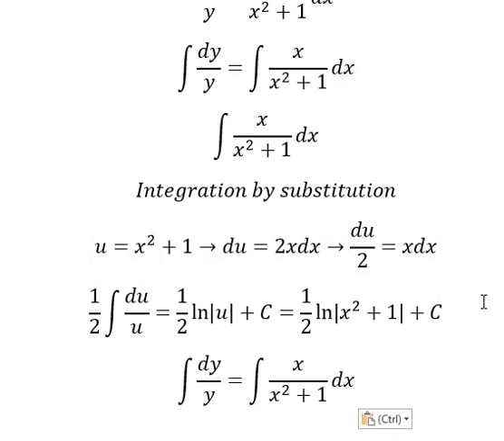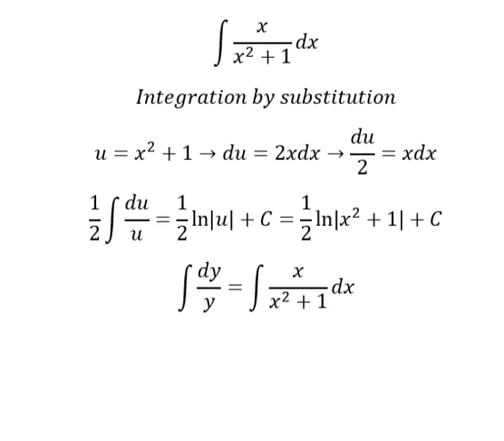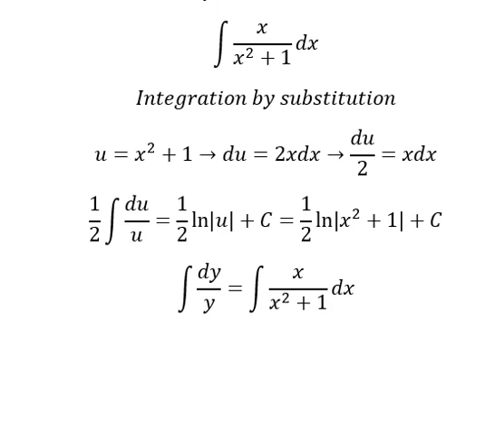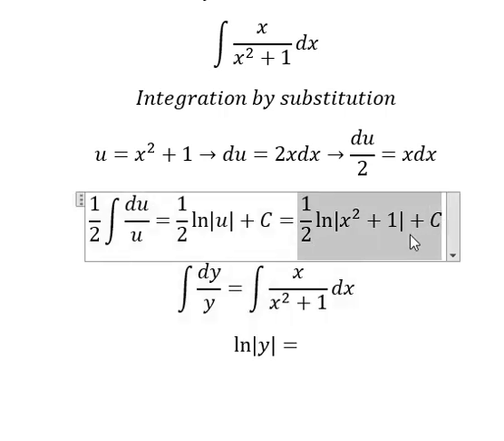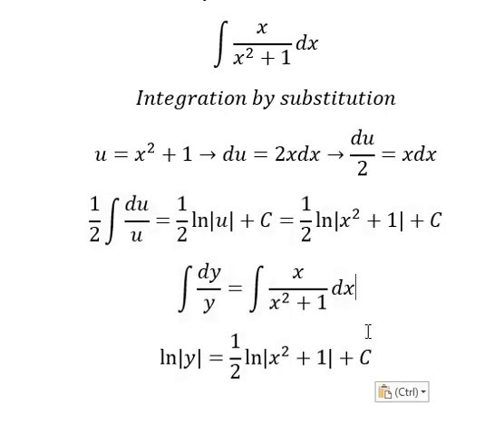So the integration of this one, that is Ln of the absolute value of y. The integration of this one, that is about this one. And this is the final answer.